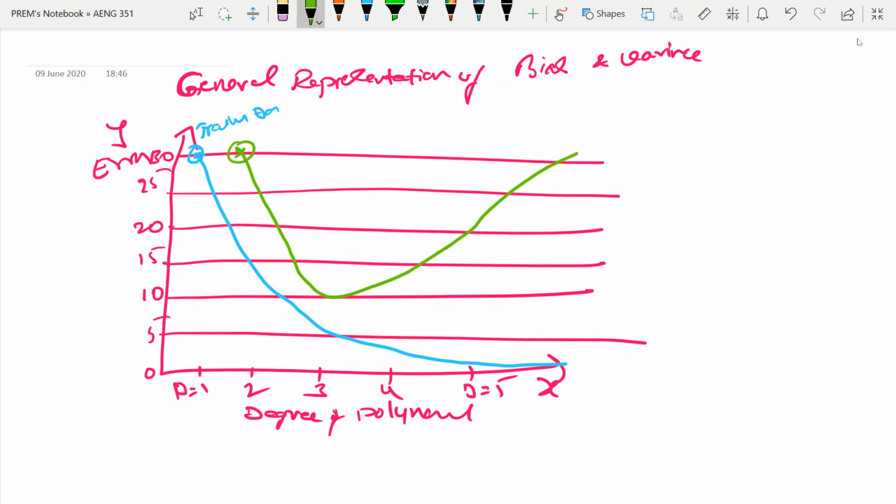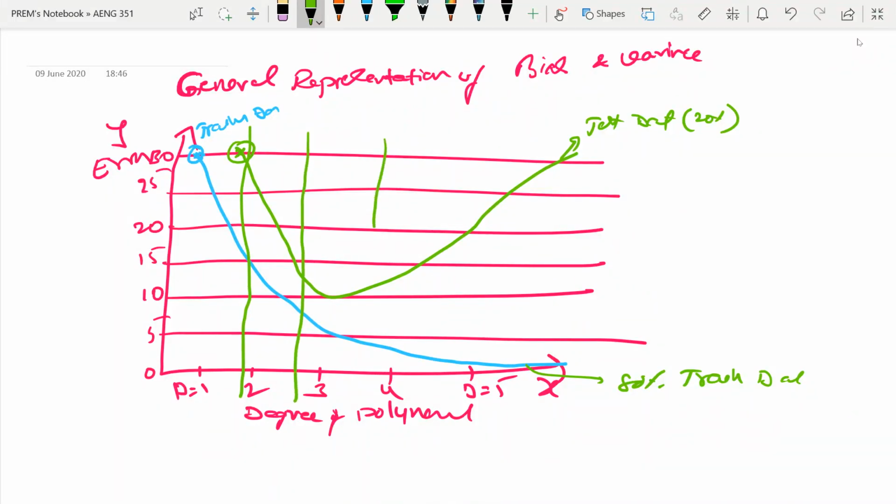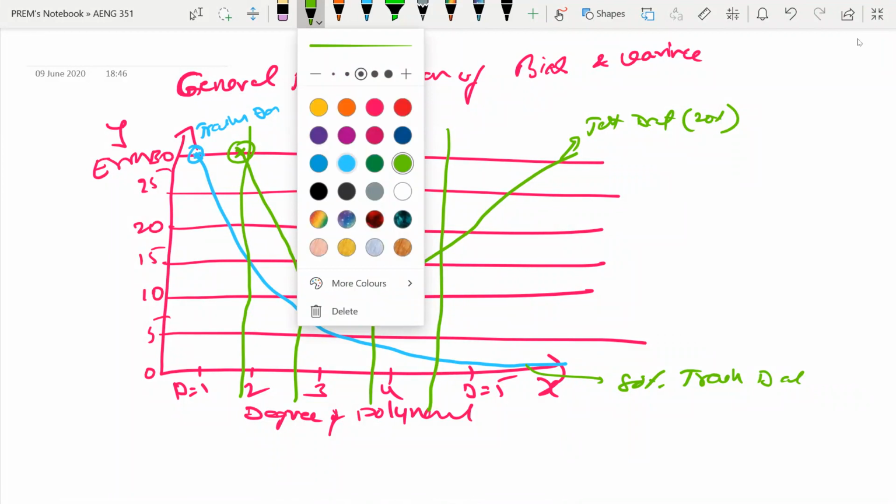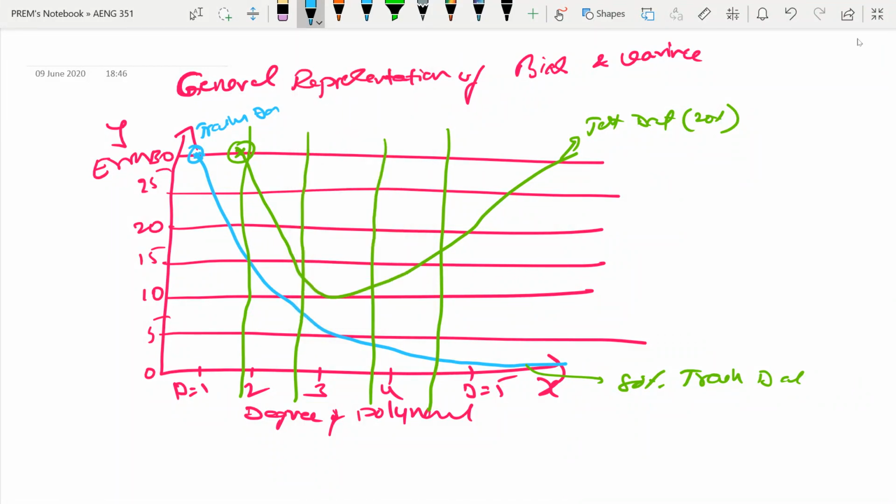This green line is the test data, meaning 20% of the test data, and this blue line is the 80% of the train data. So here, when degree is equal to 1, my train error is 30.